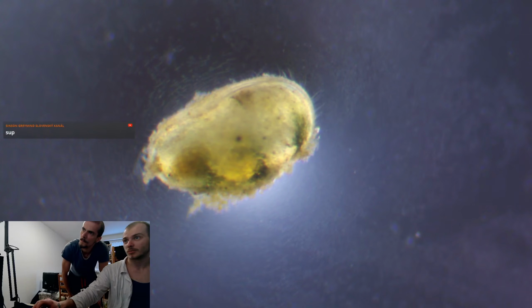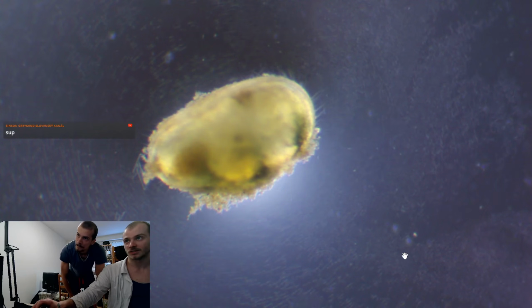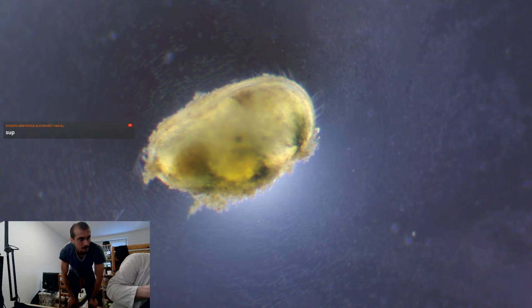So now, here it does not have much water, so it cannot move. But I think it has some arms or something, and that can be seen by the naked eye. If I shut this down, it is this dot. Whoa, here, it's big.